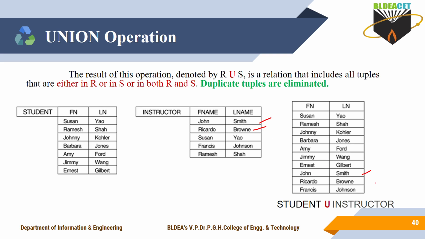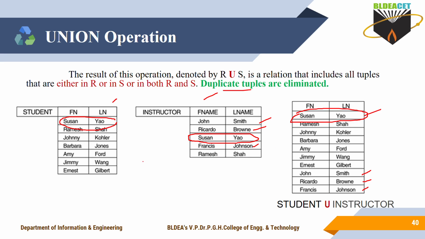The second tuple is also written, but this tuple is not written again here because it is present in both relations, in student and also in instructor. In that situation, such tuples are written only once. That is what we call duplicate tuples being eliminated. Next Johnson, yes, it is here.